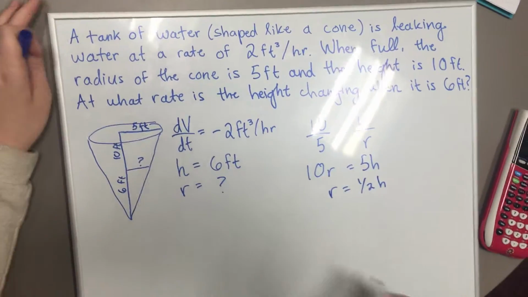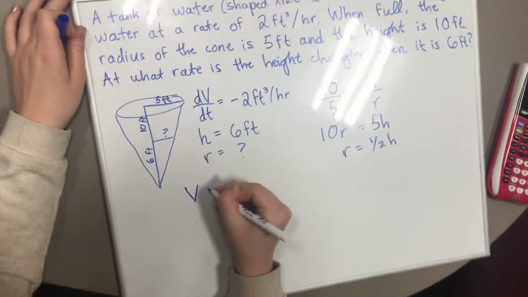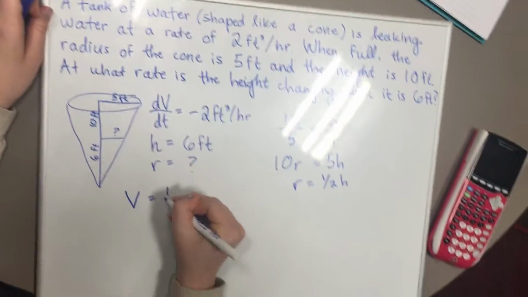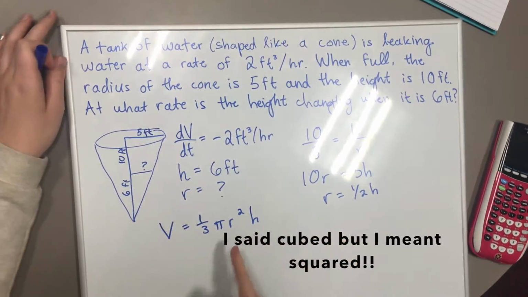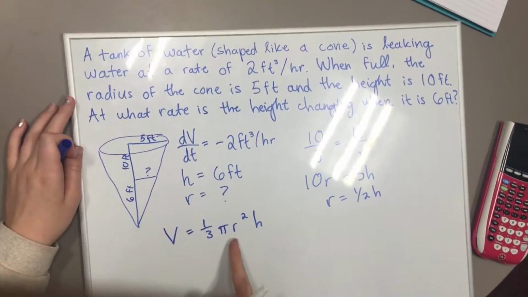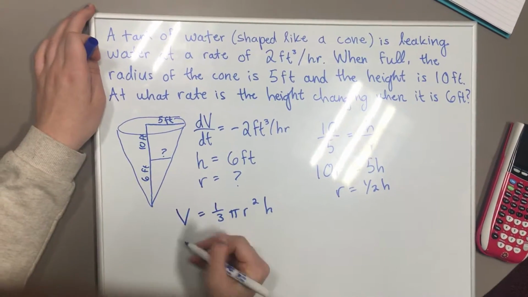So now let's take a look at the equation for the volume of a cone. It's V equals 1/3 pi r squared h. And what we're going to first do is switch this r to get it in terms of h, since we don't know what the r is at the point.